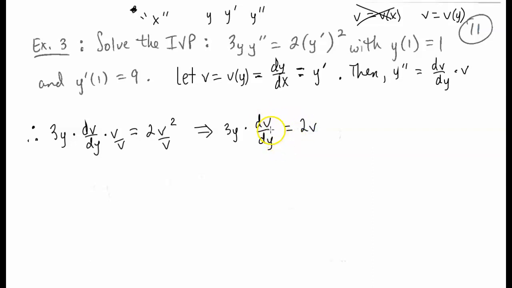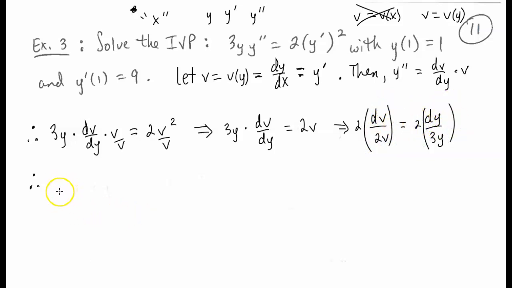Then, of course, I want everything with v on one side, everything with y on the other. If I do some algebraic manipulation to do that, I'll get dv over 2v on the left, and I'll get dy over 3y on the right. To make things a little bit easier, I'm also going to multiply both sides by 2 so I can have all my constants on one side.